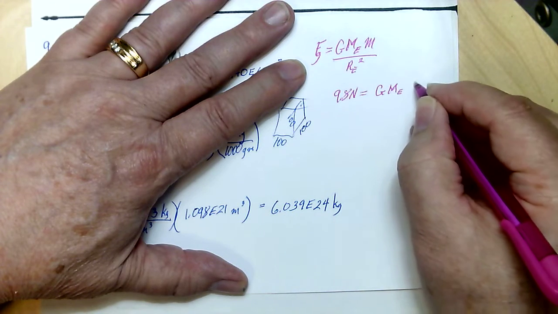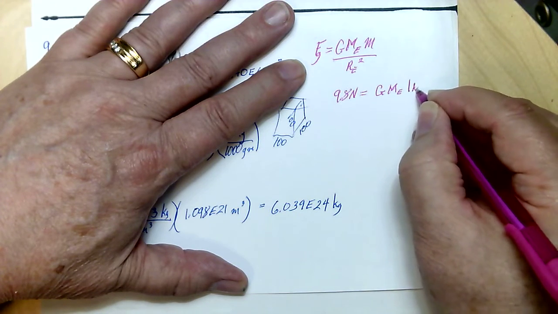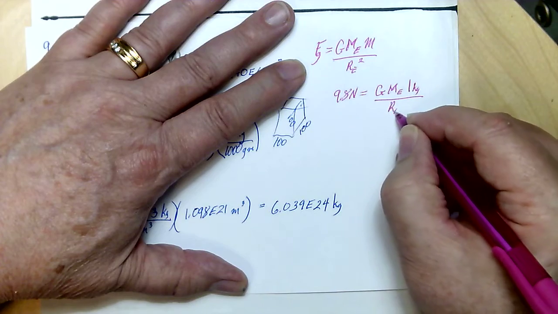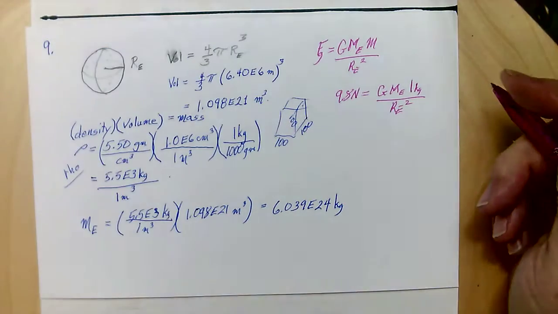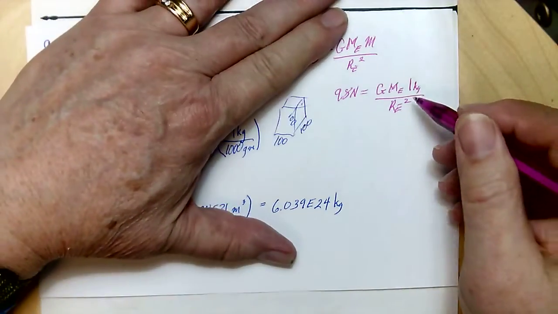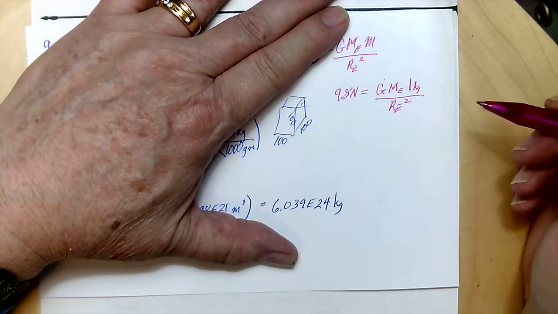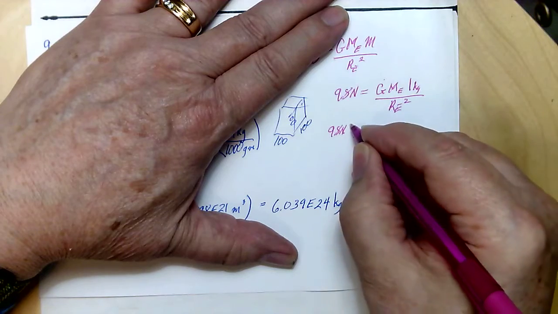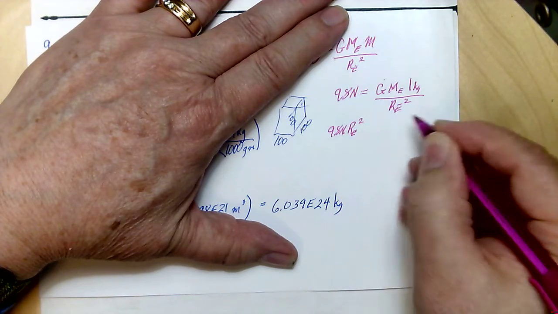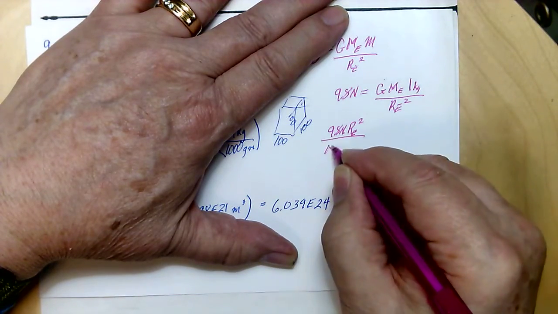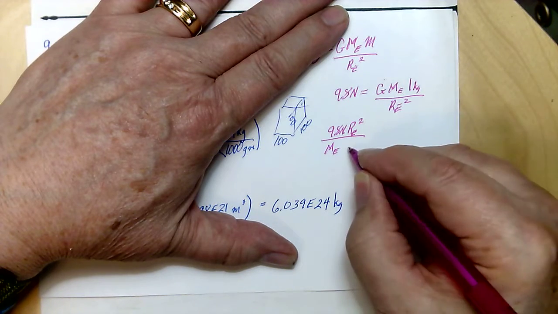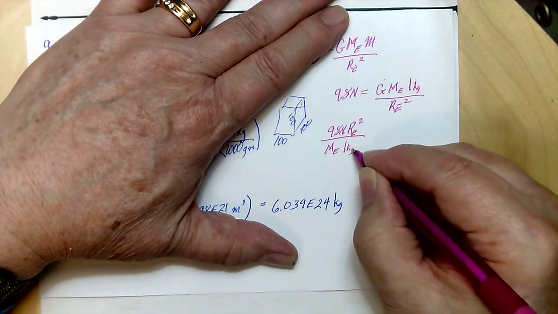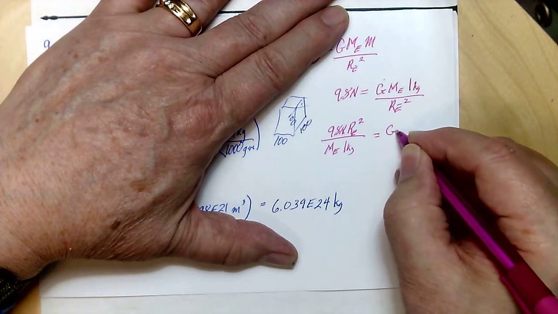G M_E times 1 kilogram over R_E squared. Now we're going to solve for G. So 9.8 newtons times R_E squared divided by M_E, 1 kilogram, is going to be G.